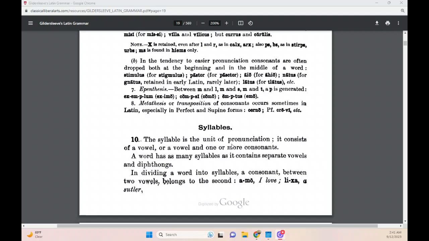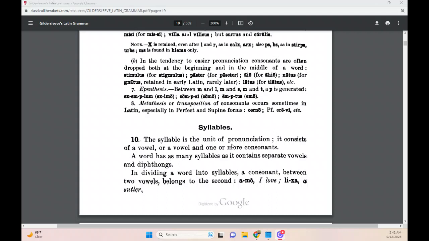We'll see this both in Latin studies and also in Greek, if you join me for Greek studies. The syllable is the unit of pronunciation. We speak one syllable at a time. The words that we speak are made up of syllables.